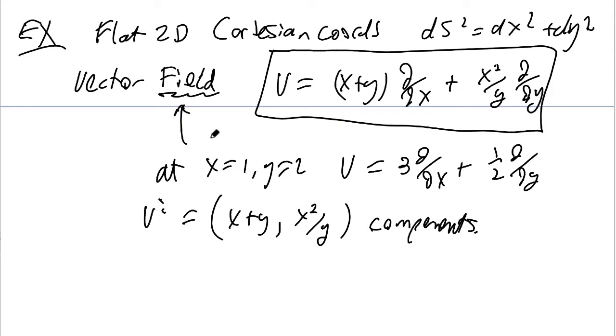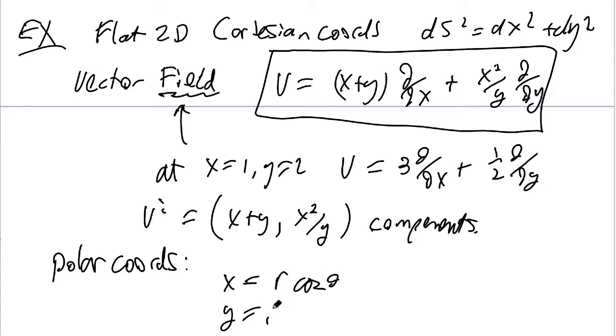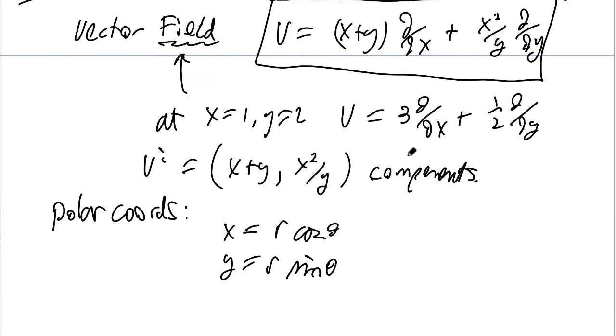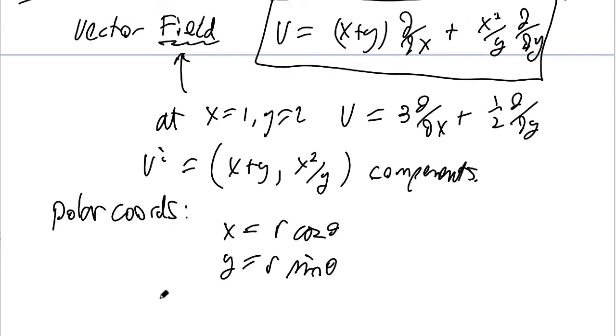All right, let's convert this to polar coordinates. Polar coordinates are related to Cartesian coordinates by x equals r cosine theta, y equals r sine theta. And so converting this now, we can apply the chain rule. So first of all, x plus y is just r cosine theta plus r sine theta.